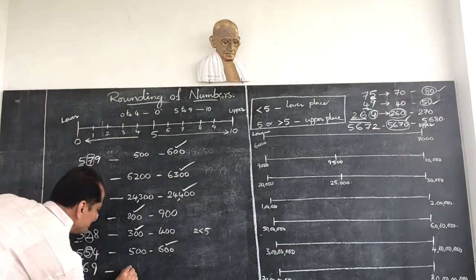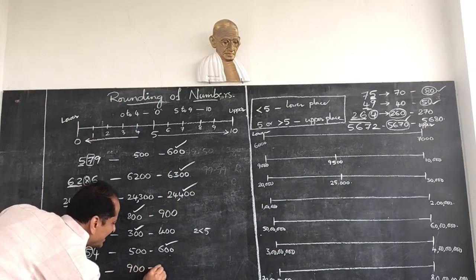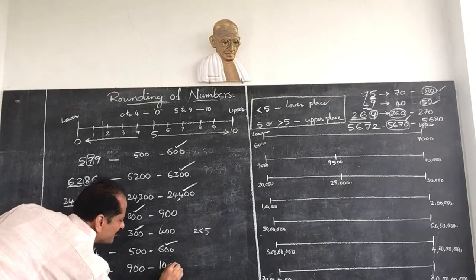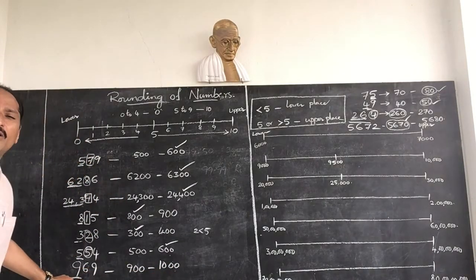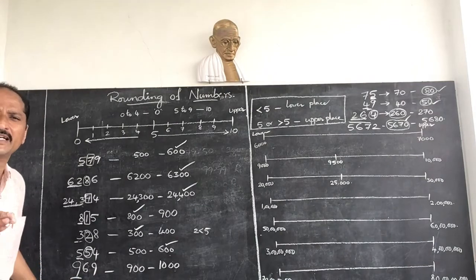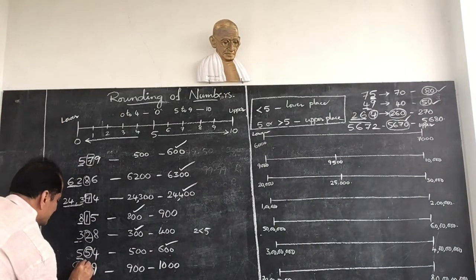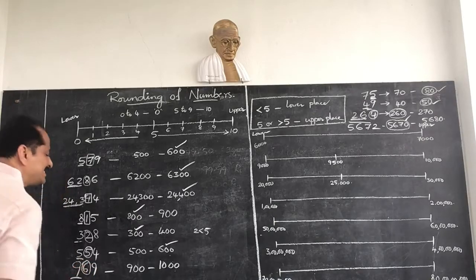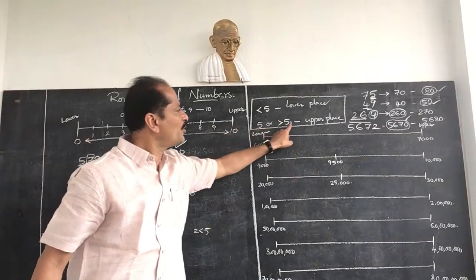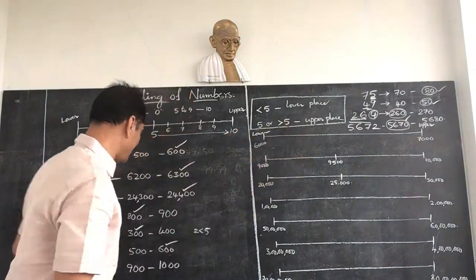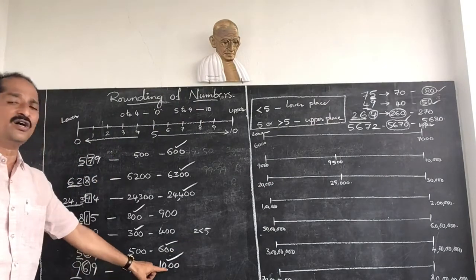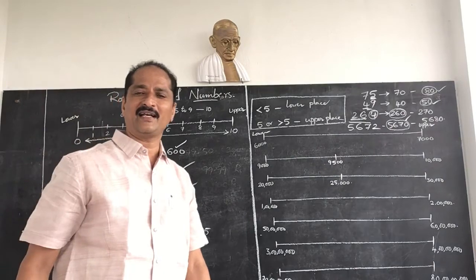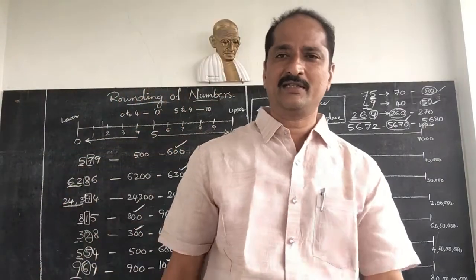So this number is in between 900 and 1000. Which place should it be rounded to? We should see the next lower than hundreds place. The next lower than hundreds place is the tens place. The tens place is 6. 6 is more than 5. So the upper place is 1000. So 969 should be rounded to 1000.